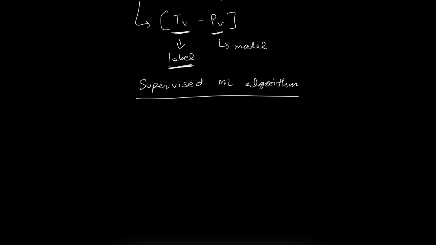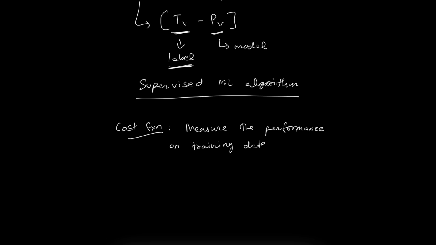that's our cost function, and some of the properties of the cost function are, it's used to measure the performance on training data. And why I say training data is because we use separate metrics to test the performance of the model on the test data set, something which the model does not see while training.